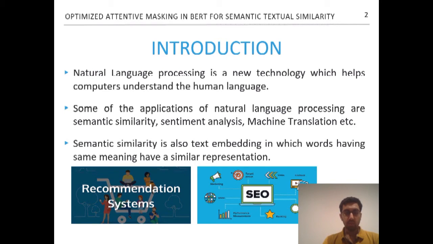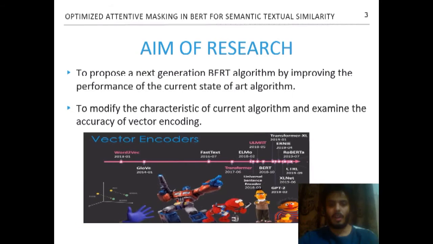Semantic similarity is one of the major research topics nowadays globally in the field of natural language processing. Our research is also on an algorithm based on NLP techniques, and more specifically text semantic similarity. And now Ali will explain our aim of research.